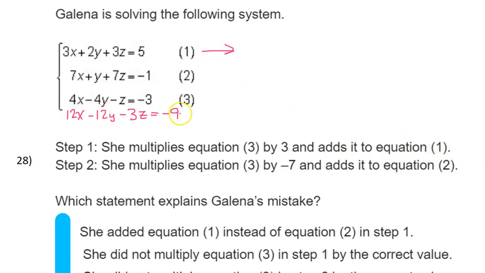So if I take this and I combine it with equation 1, so that's 12x and 3x, that's going to give me 15x. Negative 12 and positive 2 is going to be negative 10y. And then negative 3z and positive 3z makes 0z.